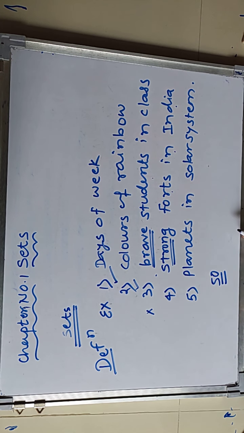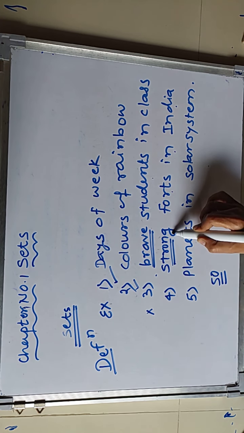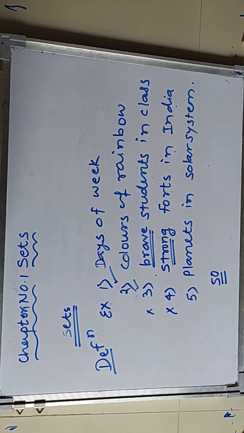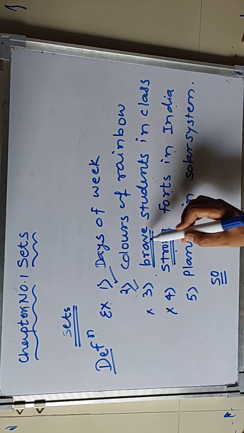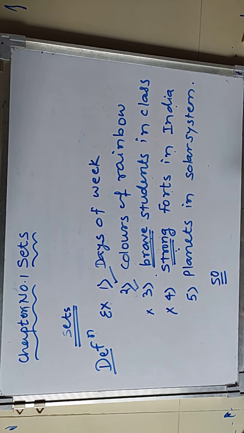Brave and strong, from example number 3 and example number 4, are relative terms. Therefore, you are not getting particular information about the statement, and these two are not examples of sets.